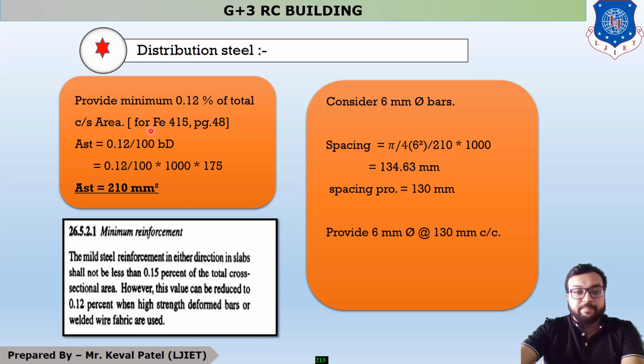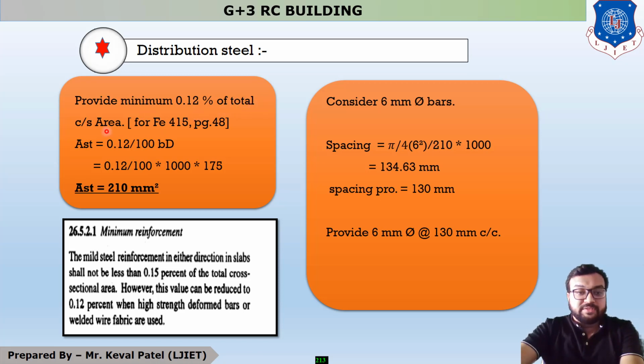But in this example, in the question, it is clearly mentioned that you have to use Fe415 steel. So for Fe415 steel, you have to provide 0.12 percent of total cross-sectional area.